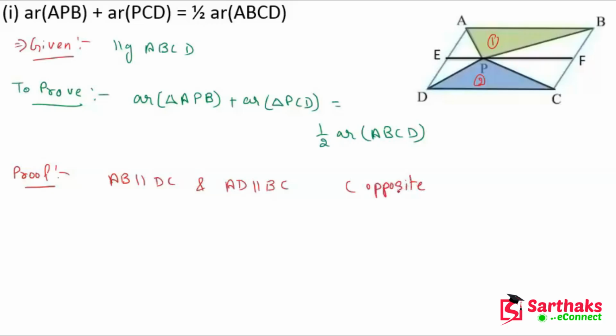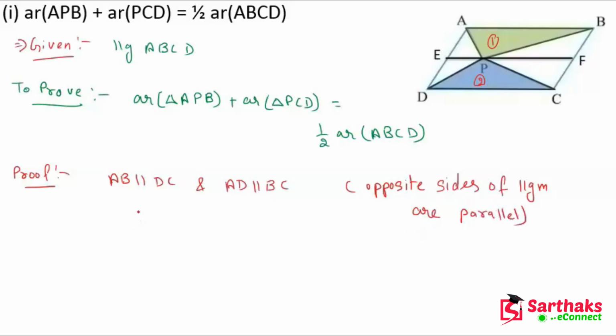You have to write the reasons for every one of these steps. Whatever you are doing, you have to write with the reasons. That's why I'm writing the reasons again and again. So you have to make it a habit. So opposite sides of parallelogram are parallel.